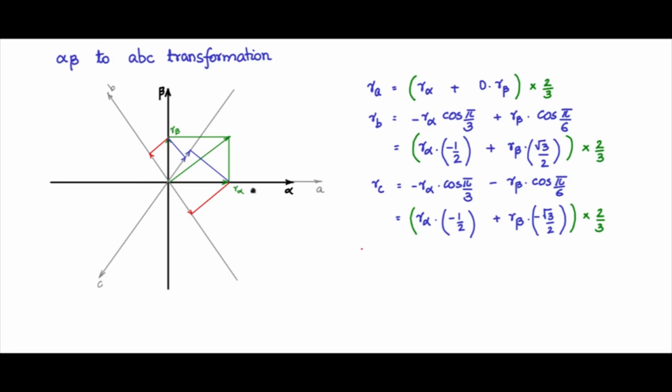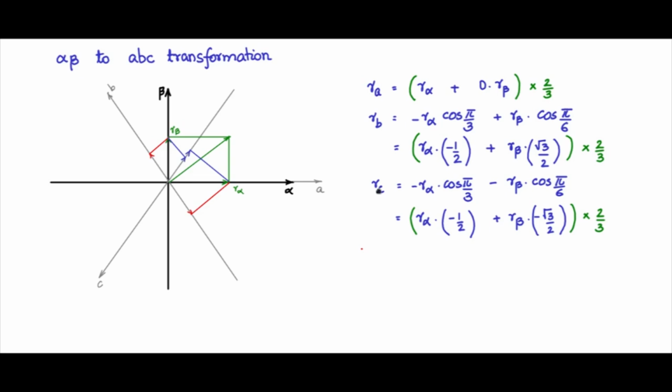A unit sine will become 3 by 2 amplitude sine in the alpha beta coordinate system. Likewise, when you do the reverse transformation, a unit sine in the alpha beta coordinate system will become 2 by 3 times the amplitude in the ABC coordinate system.